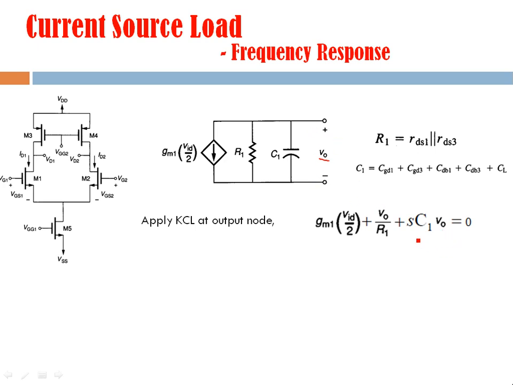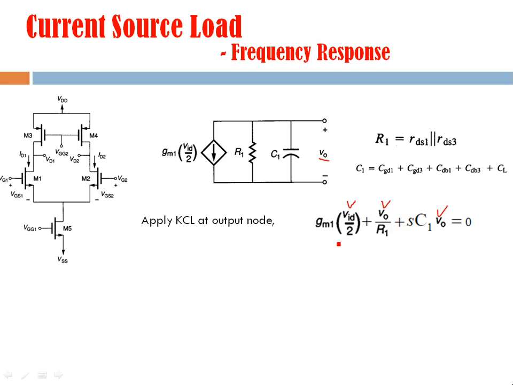So that will give us the current in the capacitive branch. The net current is 0, right? And in this equation you can see that this part is the differential input voltage, and this is the output voltage, and all other components which are present here are constant. C1, R1 and GM1, all these are constant.